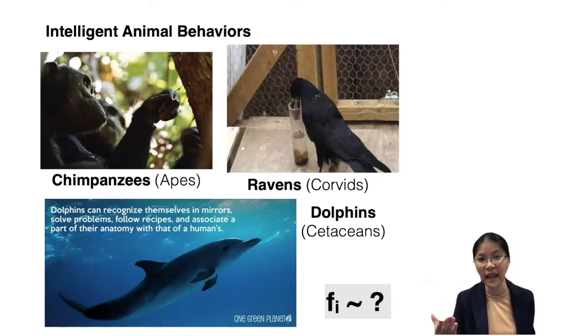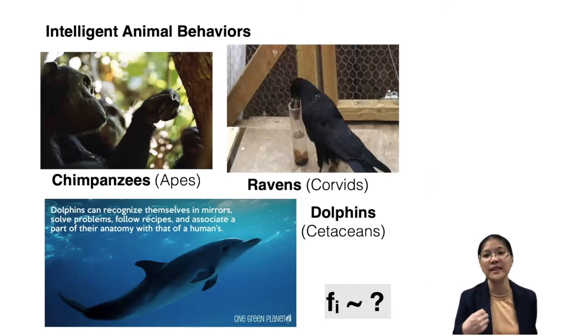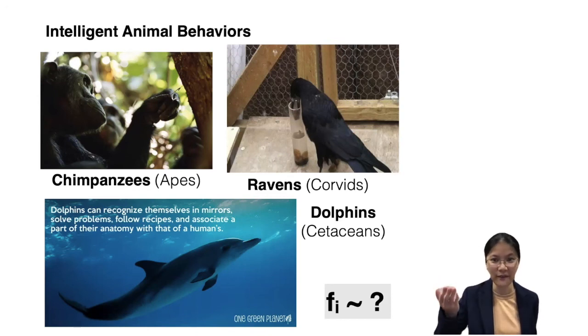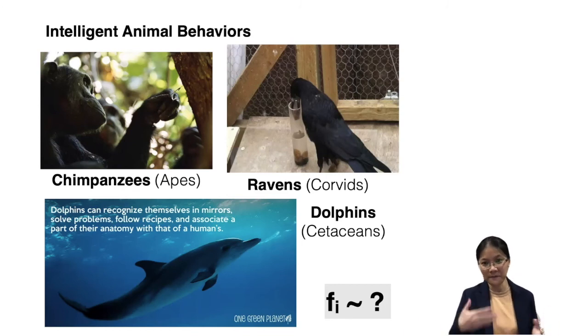So we say we know it when we see it, we know we are intelligent creatures, but we also find intelligent animal behaviors. From our closest relatives, the apes and chimpanzees, they use tools. We see it in some kinds of birds. They can solve problems, like putting rocks in tubes to make the water level rise. And of course, dolphins actually even have a complicated language or a way to communicate with one another.